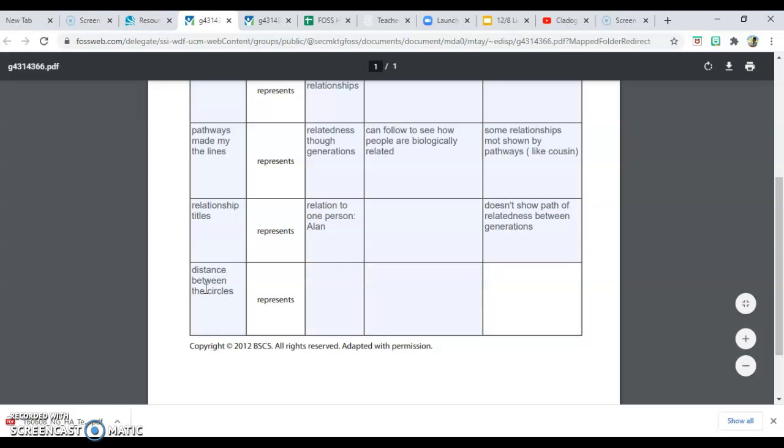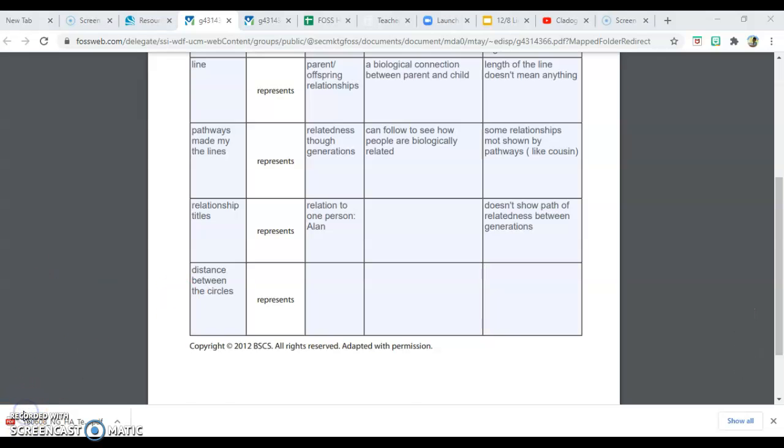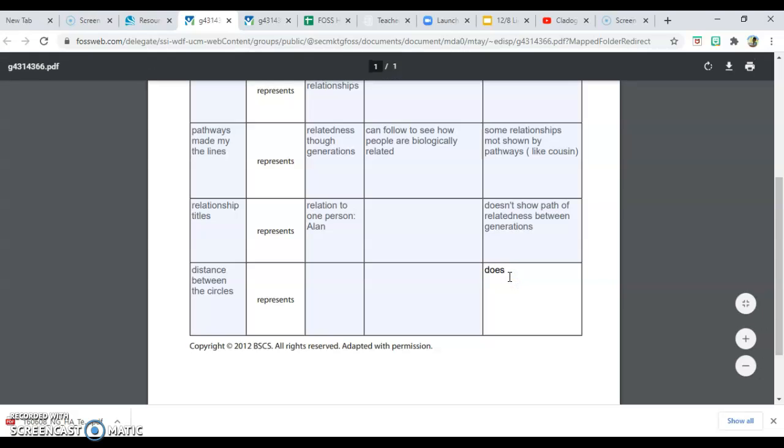And because it doesn't represent anything, it does not have a strength. Therefore, it doesn't indicate anything about the biological relationship.